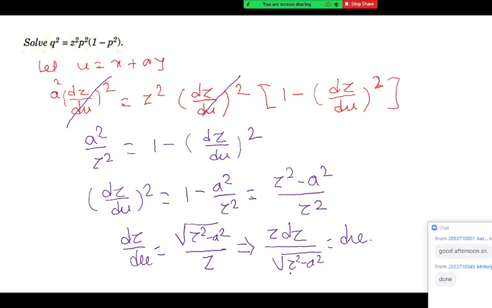If it is f dash x upon f x only, then it is ln. But it is f dash upon root f here. Sir, log of z square minus a square. Not correct. The denominator is a root there. So what is the integration of 1 by root x, or what is the integration of f dash x upon root f x?